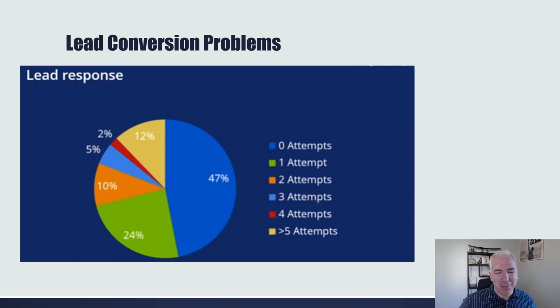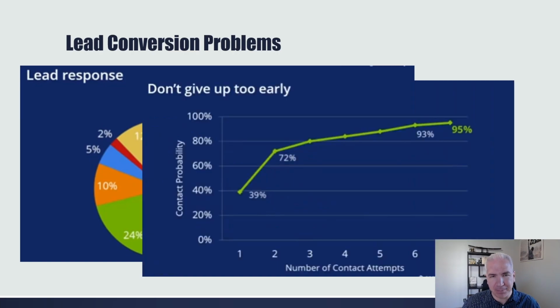Isn't that crazy? People who are paying them thousands of dollars a month to generate leads, and almost half the time the lead is never even followed up on. That's crazy to me. 24% of the time, they only follow up once. So if you add those two together, 71% of the time, agents are only contacting the lead once or less. Here's why that's significant.